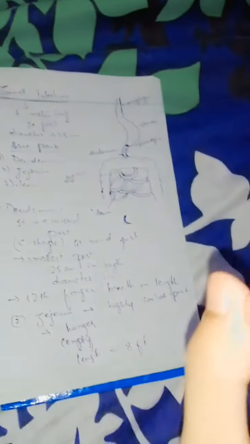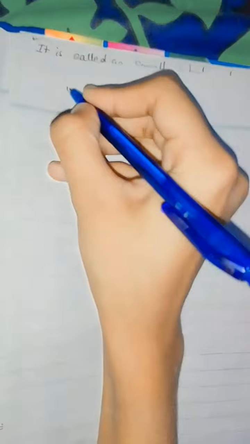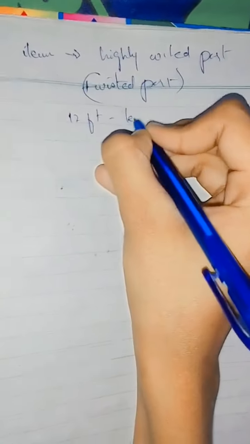Now the third part is the ileum. This is all anatomy, not complete physiology. The ileum is also a highly coiled or twisted part, and its length is about 12 feet.